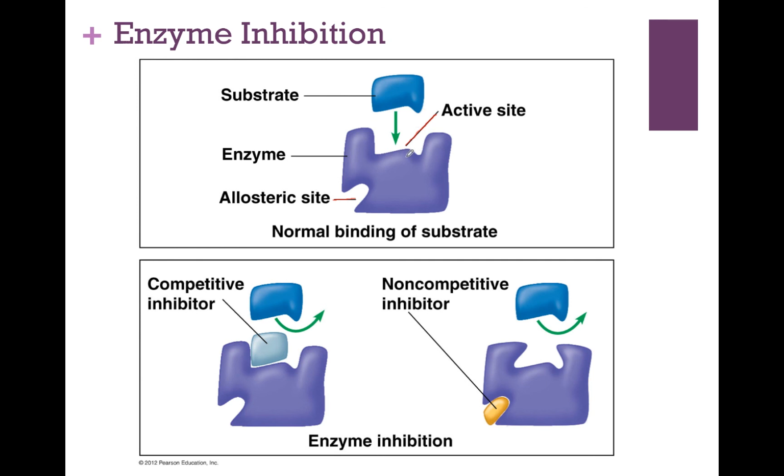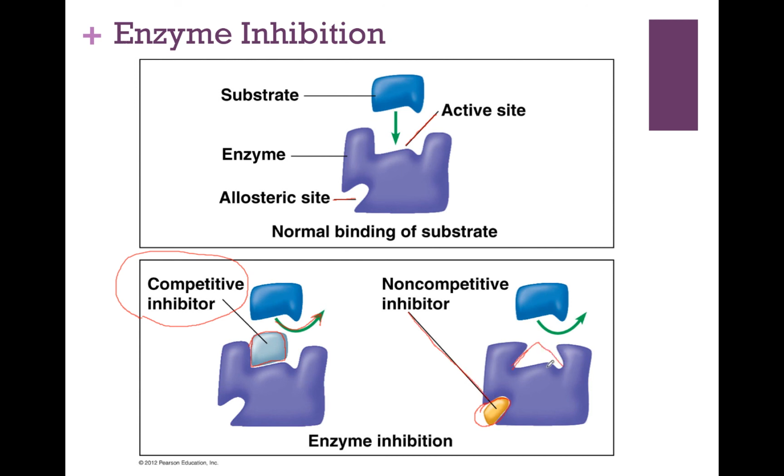Now, if an enzyme is blocked, there's only two ways it could be blocked. It can either be blocked by a competitive inhibitor, which is a molecule that has a similar shape and just sits in the active site, thus blocking the substrate. That's not good. This is called a competitive inhibitor because it's competing for the active site. Now, a non-competitive inhibitor is something that can bind to the allosteric site over here, and when it does so, it changes the shape.